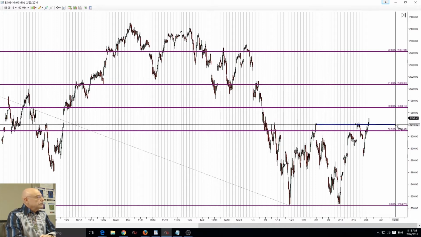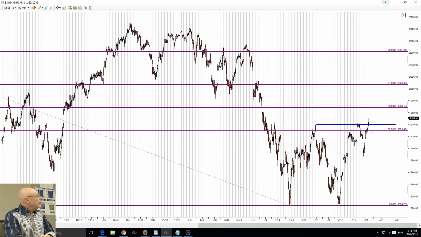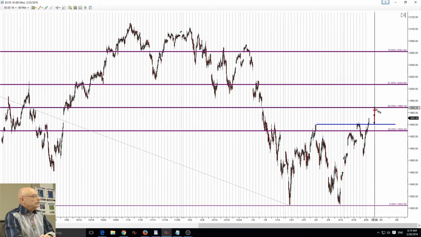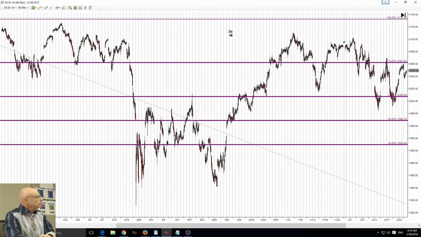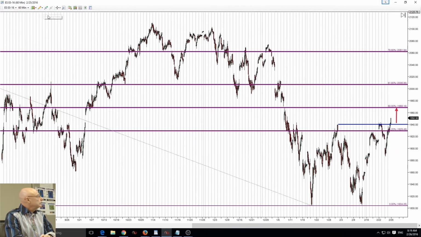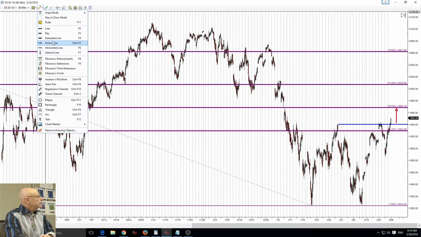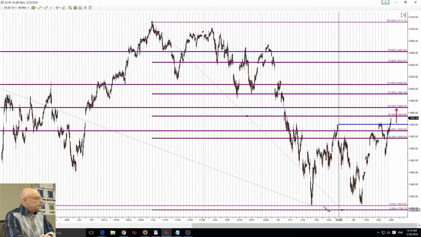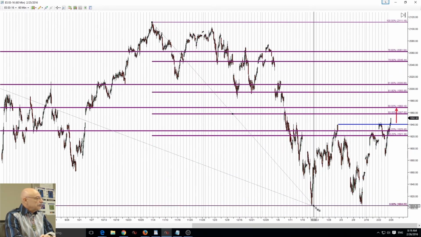Here. And we're going here, right? Let's confirm with that high. Okay, again, remind you, it's ES, and let's make a retracement from here to here, right?